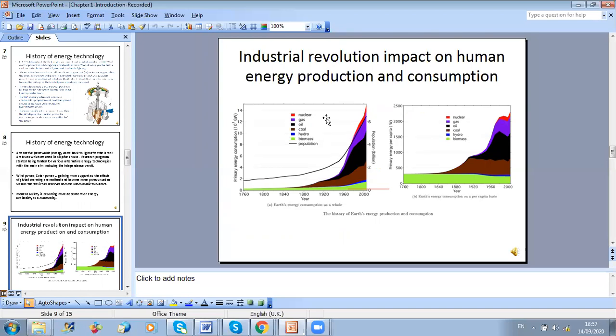For all of these types, the energy consumption is increasing, and it's increasing very largely after 1960. So after the Industrial Revolution, we have a very high rate of increase in all types of energy consumption, and also in their cost, because the higher the need, the higher will be the cost of these techniques.